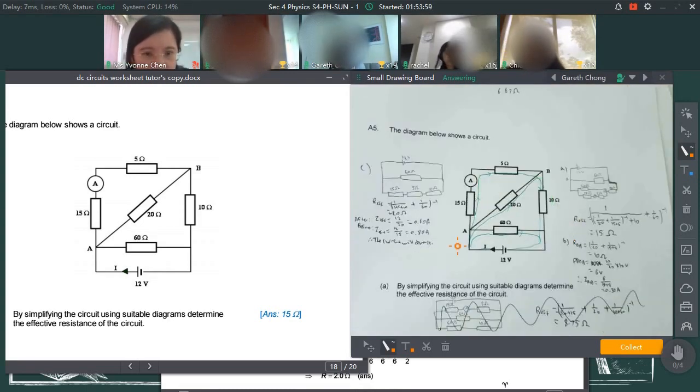Okay, Gareth. Okay, Gareth, good. Effective resistance, well done.